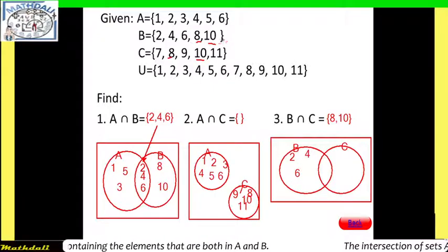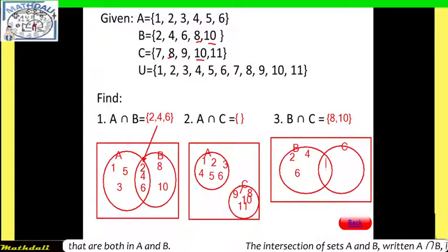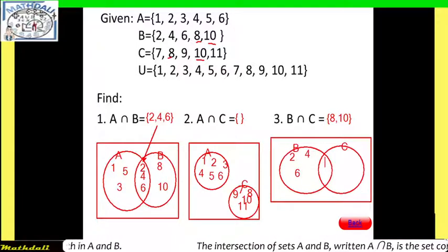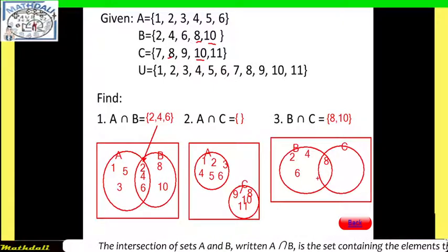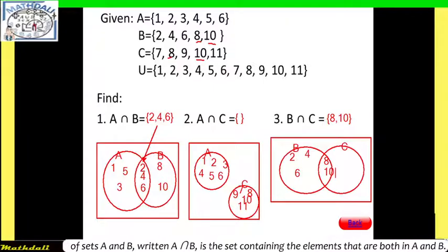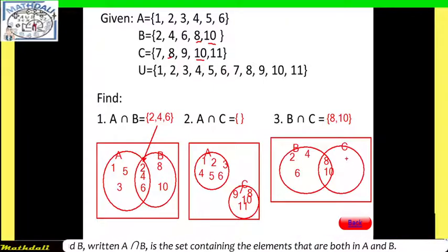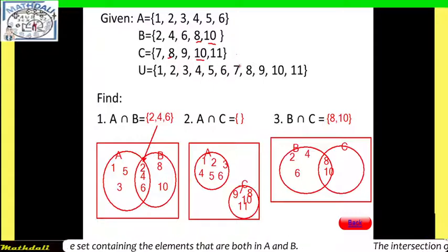Then we also have 8. Dito natin lalagay yung 8 kasi element din siya ni set C. Then we also have 10. Dito rin natin lalagay yung 10 kasi element din siya ni set C. Okay, wala na. So, yan yung element ni set B.